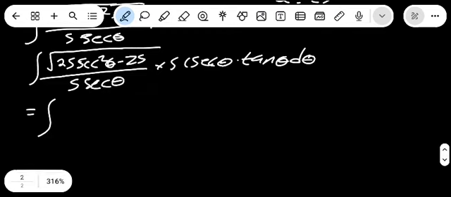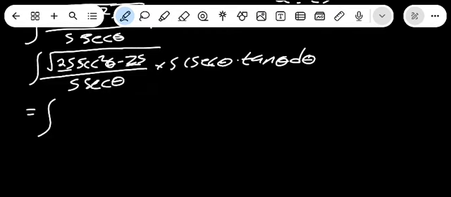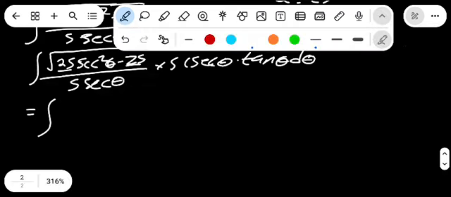The integral of, let's take out the common factor of 25.